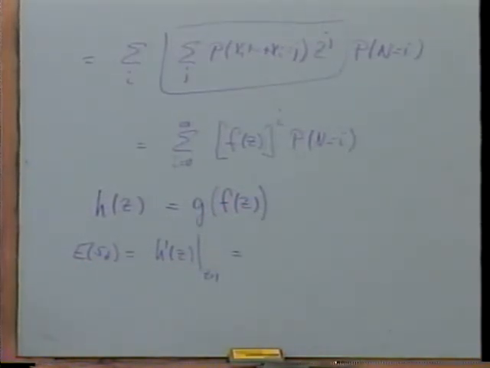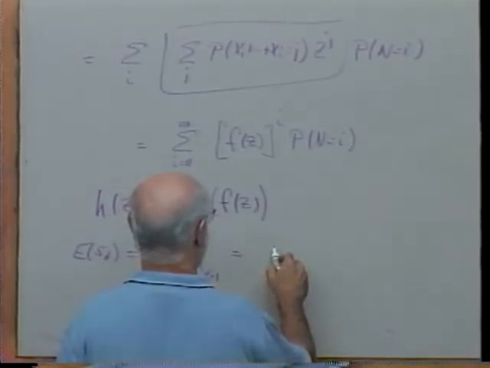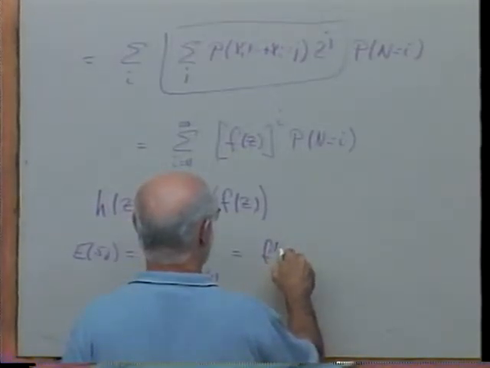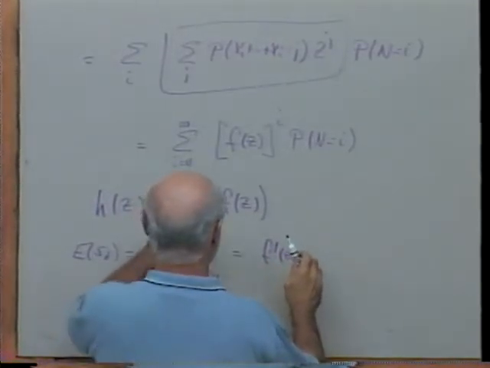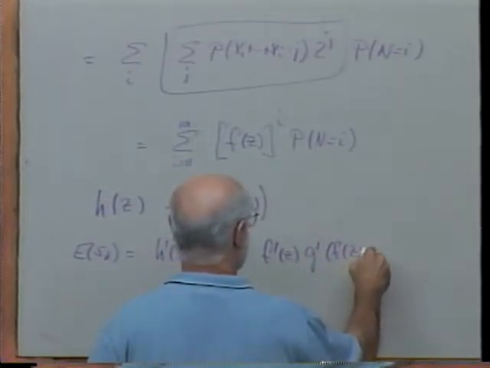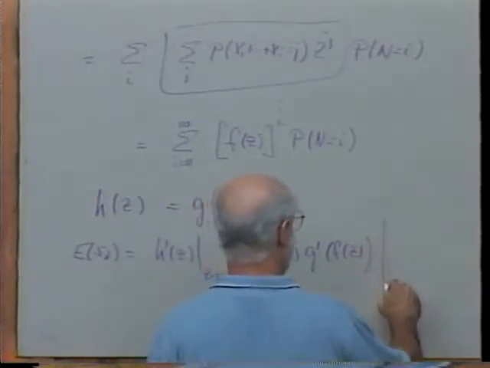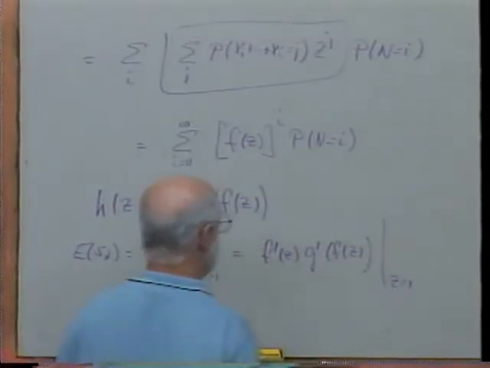So if I differentiate, I get the derivative of f. Let's say I take the inside derivative, which is f prime of z, and then multiply it by the derivative of the function. Okay, did I do that right? Is that the right way to use the chain rule? Okay, and remember that this has to be evaluated at z equals 1.